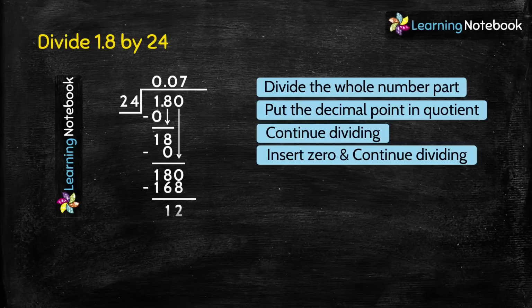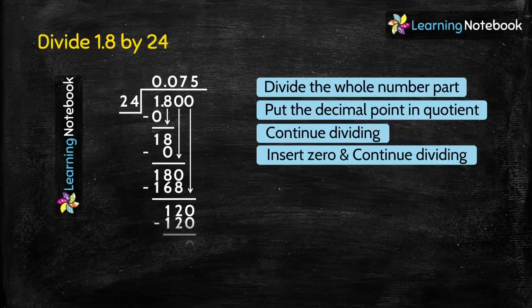24 into 7 equals 168, and 180 minus 168 equals 12. Now the remainder is 12. So again, to continue with the division, we will insert one more 0. So let's copy next digit 0 and now we have to divide 120 by 24.